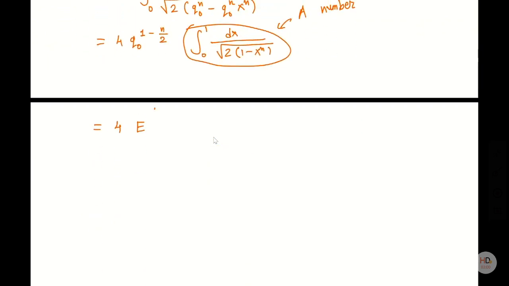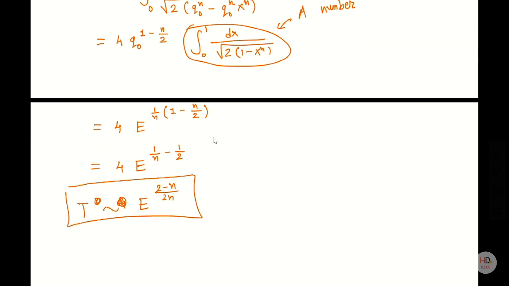So now you have 1 by n times 1 minus n by 2, so it's 4 times e to the power 1 by n minus 1 by 2. So that's your answer, or 2 minus n upon 2n. If you are just looking at the e dependence, it is this one.